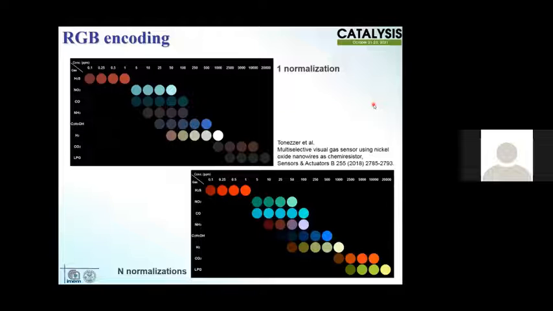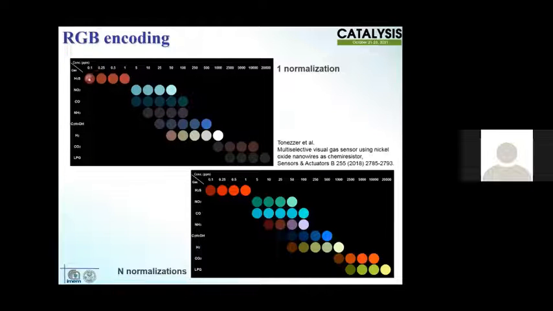Another way to visualize this is, for example, without any algorithm, encoding 3 different responses at 3 different working temperatures. This time it was 200, 250 and 300 degrees. We normalize them and use them as the channels of a color, red, green and blue.